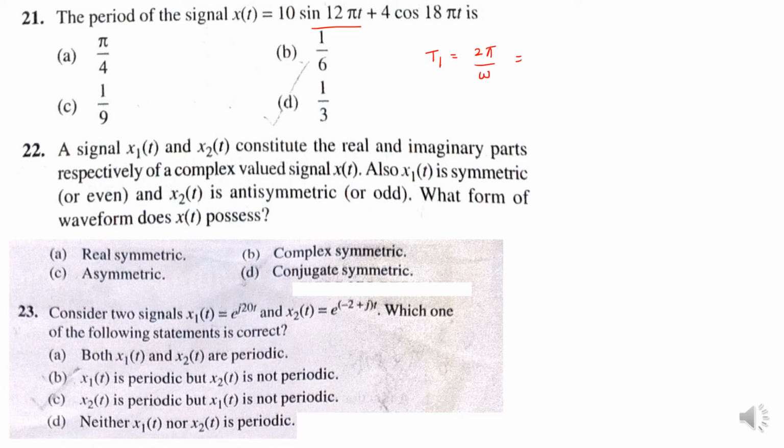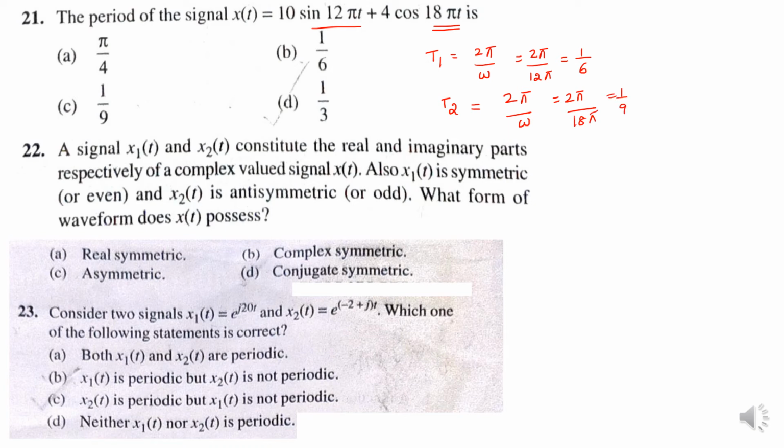So omega is 12 pi. So 2 pi by 12 pi, that is equal to 1 by 6. T2 is also 2 pi by omega. So 2 pi by 18 pi here. Omega is 18 pi, so that is 1 by 9.